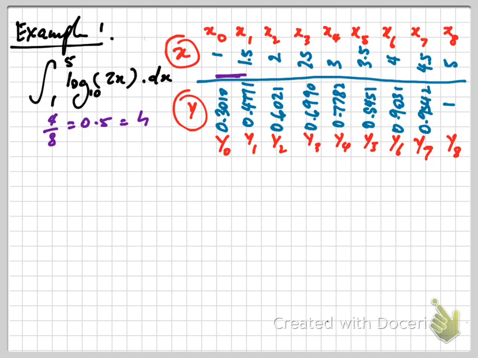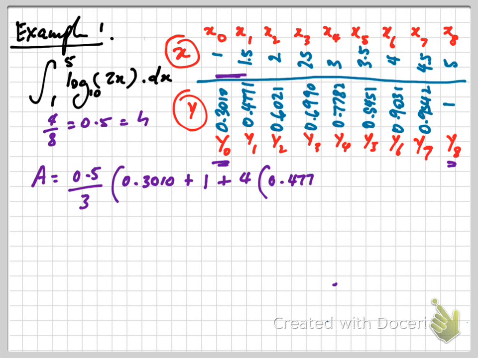Now if we were to use Simpson's rule, the area would be equal to, let's substitute, h over 3, so 0.5 over 3 into, you add the first and the last terms, which is 0.3010 plus 1, and then plus 4 times, then you add up the odd numbers, so that's y1 and then y3 and then y5 and then y7.